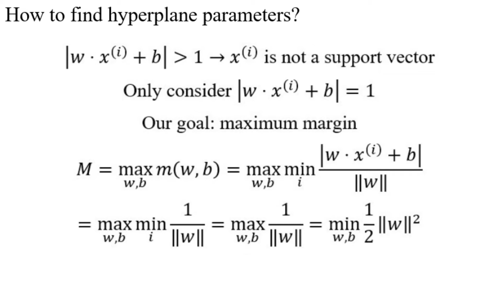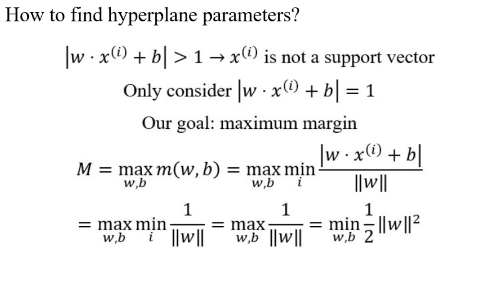Other data points don't contribute to the margin of a particular hyperplane. In this way, we are only constrained when the absolute value of w.xi plus b is equal to 1. Recall that we want the maximum margin. In other words, given all choices of hyperplanes, we want the one which gives the largest minimal distance.